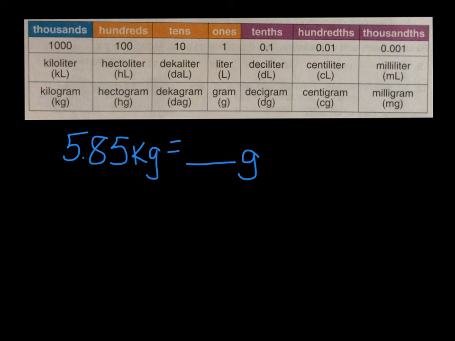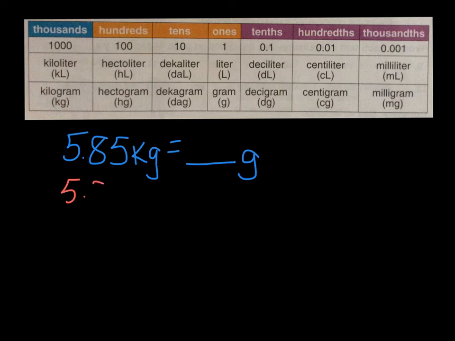All right, I want you to try this one on your own. 5.85 kilograms equals how many grams? So pause the video and then come back and check against my work. All right, so here I'm going to see kilograms are right here, and then I'm going to grams. So I'm going to move that 1, 2, 3 places. Here's my decimal, 1, 2, 3 places.